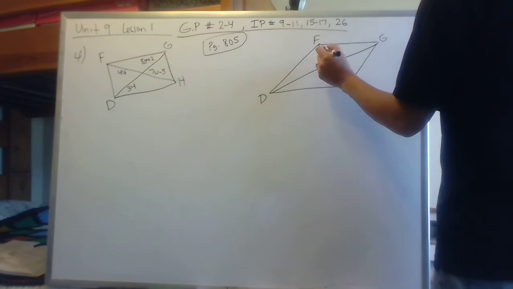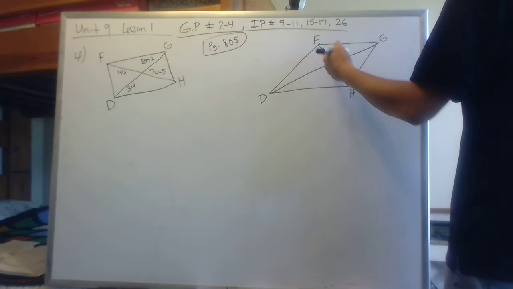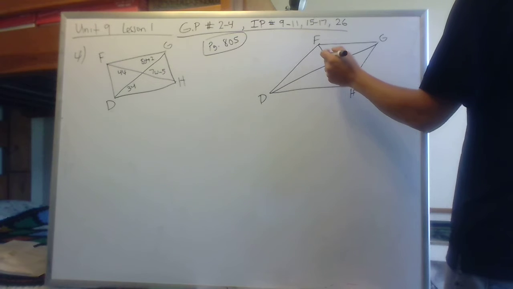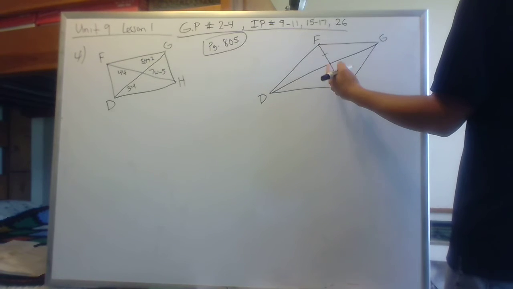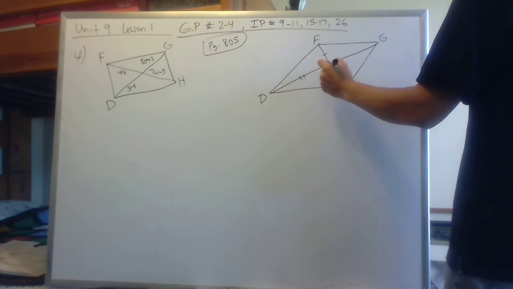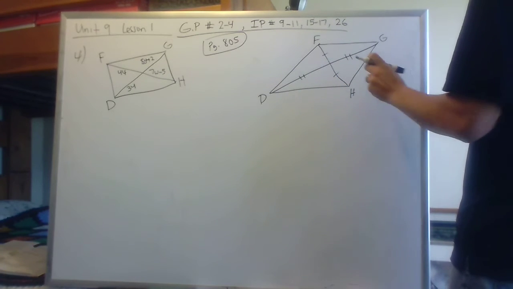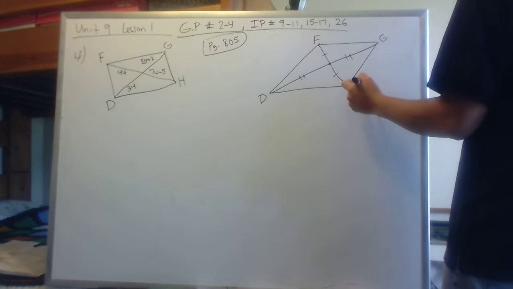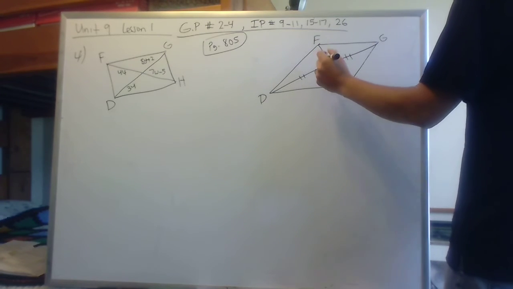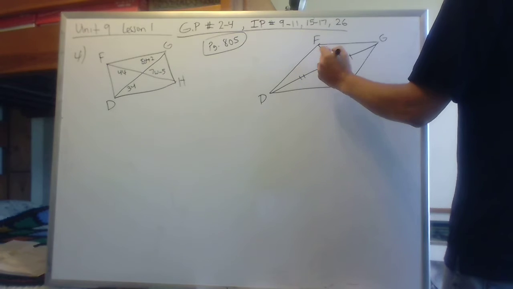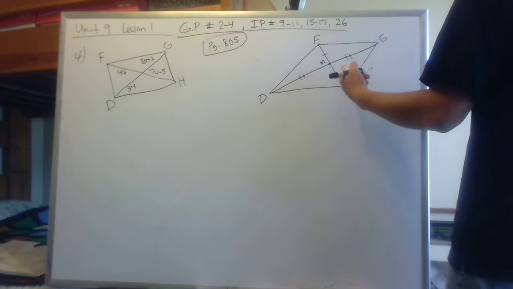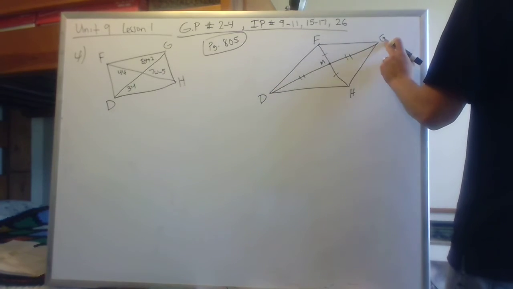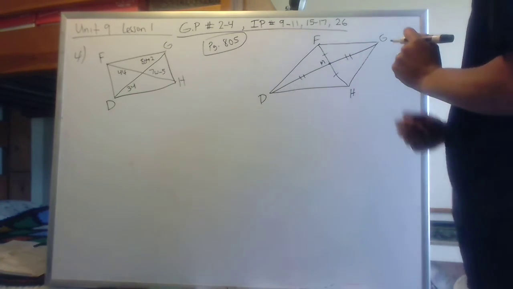So we know that if you're looking at opposite angles like F and H, these segments of the diagonal are going to be congruent. So F to this point, I'm just going to label it as M. So F to point M and H to point M are going to be congruent, and D to point M and G to point M are going to be congruent.